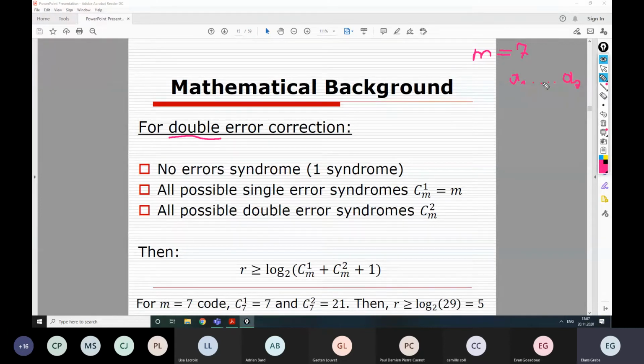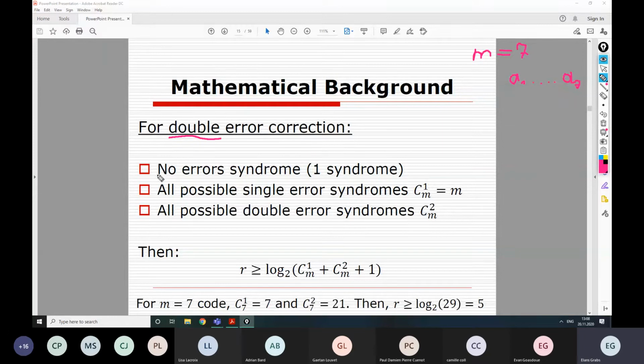And somewhere here 2 errors have happened. And we want to be able to correct any combination of these 2 errors. Of course, this also includes the correction of 1 error too, because the codes that can correct 2 errors must be able to correct 1 error as well.